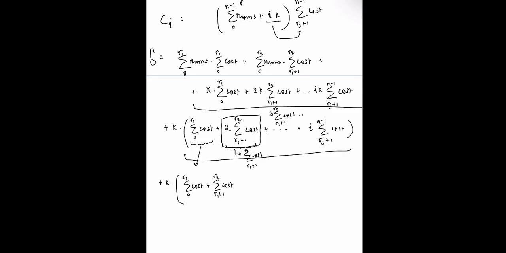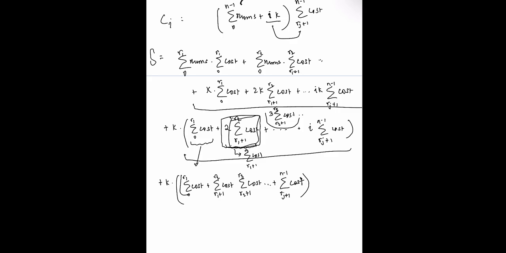Because I've taken one of them here. Same thing, out of three of these, I'll take one again outside. So this is R2 plus 1 to R3 cost, right? So on, I'll keep taking it till this part, Rj plus 1, n minus 1 cost.